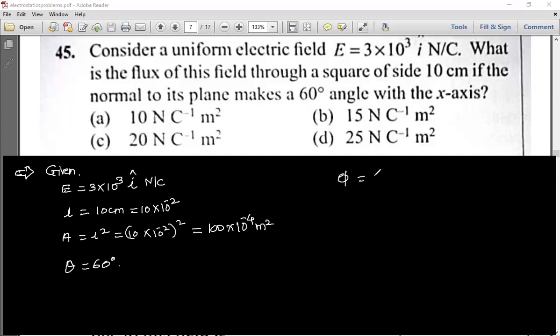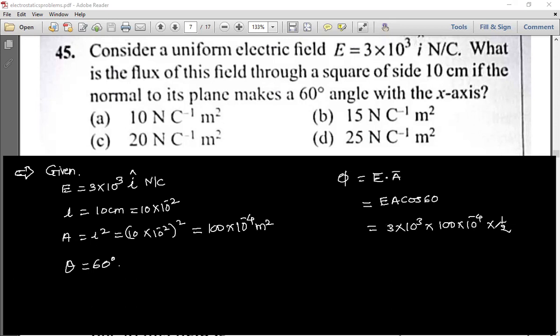Now flux phi is equal to E bar dot A bar, or even E bar dot dS bar also you can take. Just a dot product of electric field and area. Keep it in mind. Now here, can I write like this? E A cos 60. So E value 3 into 10 to the power 3 into 100 into 10 to the power minus 4 into cos 60, how much? 1/2.